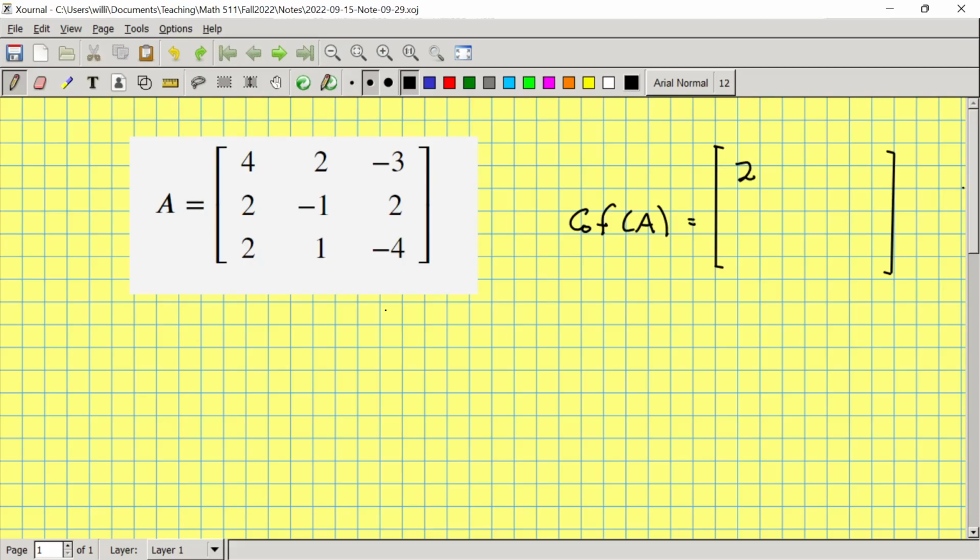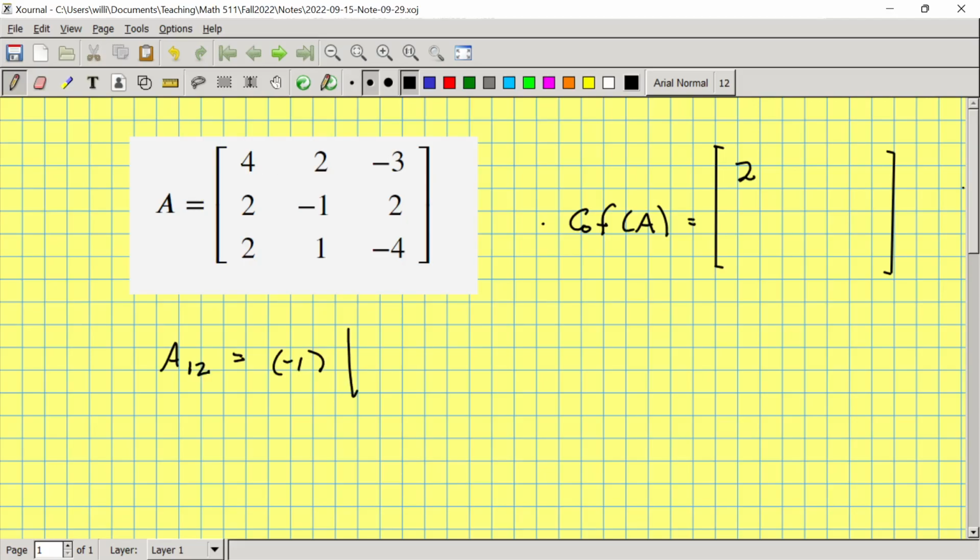So I want to calculate the cofactor 1, 2. And that's going to be the sign, the sigmun. What is the sigmun of position 1, 2? Negative. Times the determinant.